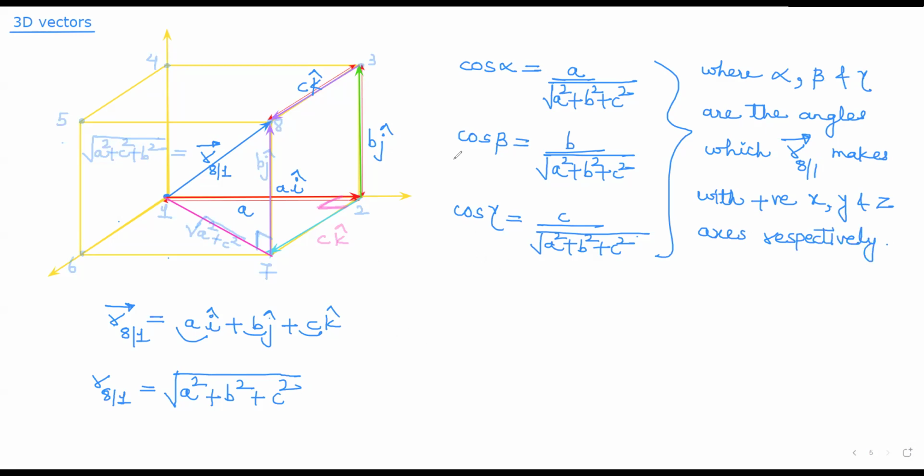Okay. And these, cos alpha, cos beta, and cos gamma, are called direction cosines.